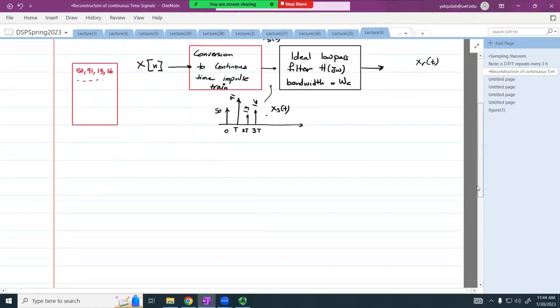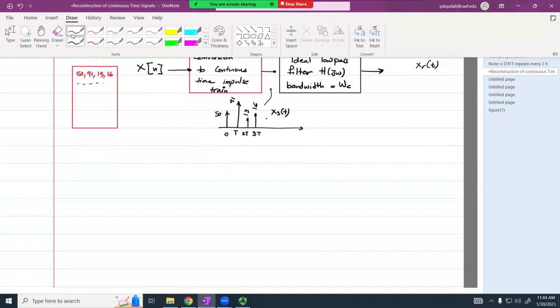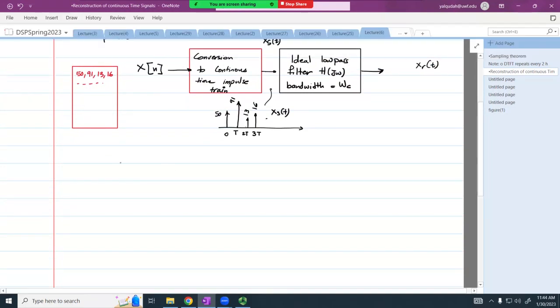So therefore, if we are obeying the sampling theorem, if omega s is greater than 2 omega max, then xs of j omega is going to look something like this.